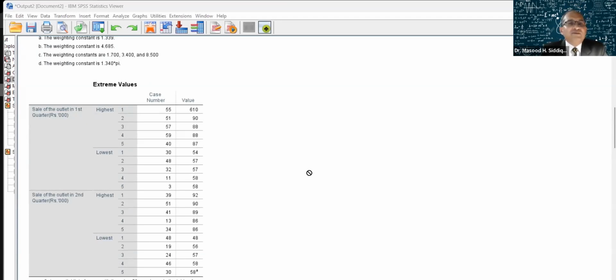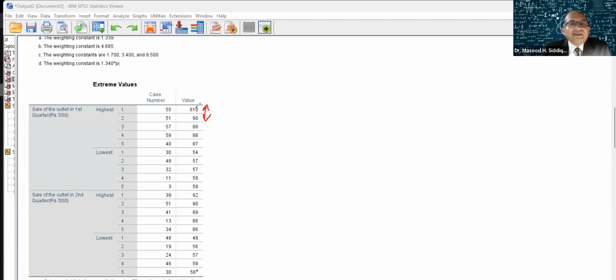SPSS has this provision. If you put the option of outliers, it provides us the top 4 and bottom 4 values. So if we go with this, here the highest value is 610, and the next value is 90. Other values are 88, 88, 87, right? Not much of a gap.